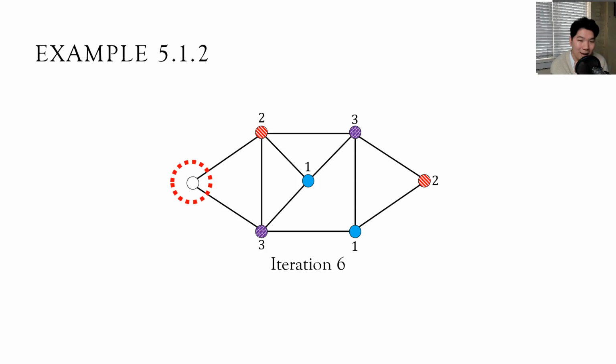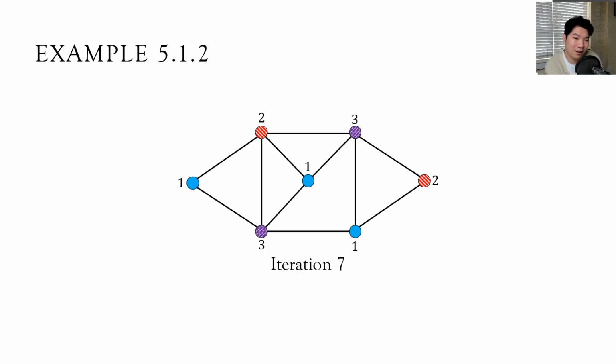And now I look at my last vertex here, and I go down my list, starting with the color 1. Am I allowed to use the color 1? Let's see, I'm not connected to any vertex of color 1 directly. So, in fact, I can use the color 1. So, just by observing my colors here, I have a proper coloring, or if I want to be exact, a proper 3-coloring.